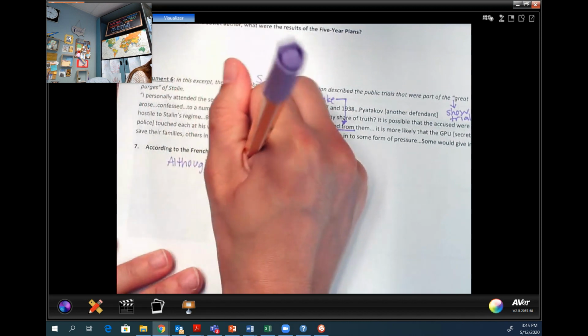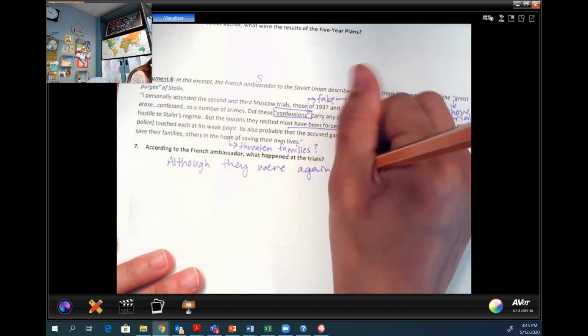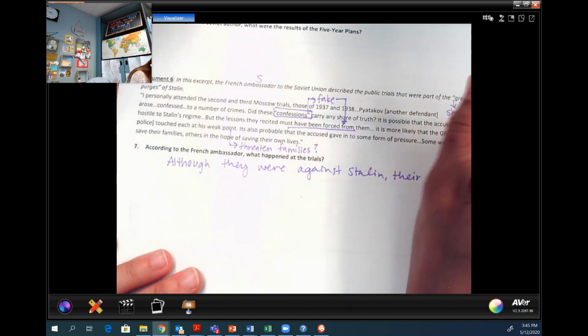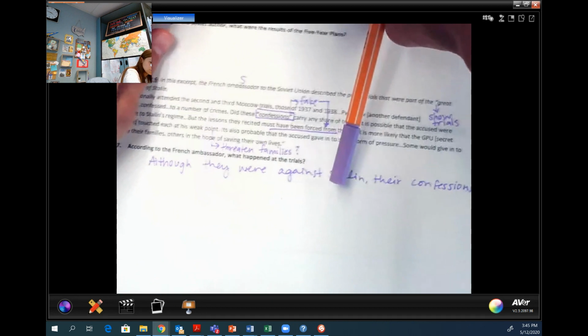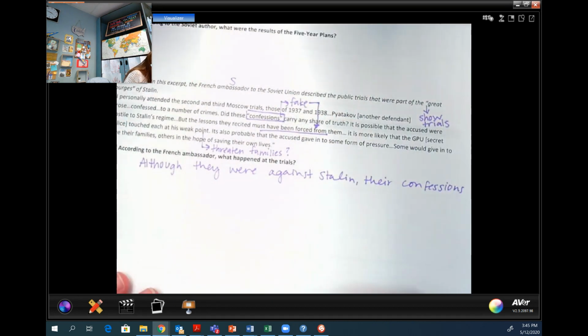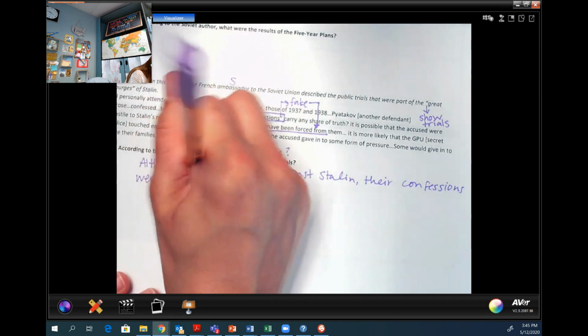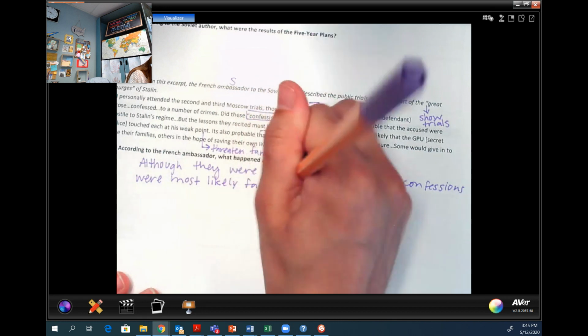So although they were against Stalin, their confessions were most likely false.